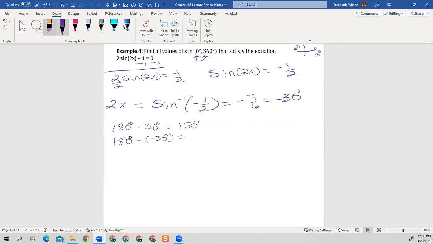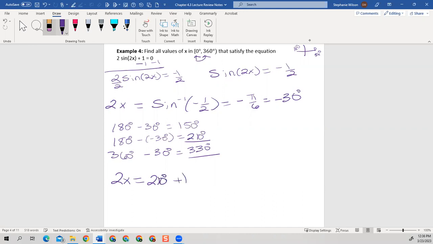Well, that's going to give me 210 degrees. If I said 360 degrees minus that 30 degrees, that's going to give me 330 degrees. I'm not going to add it because I don't want to go over 360. So I know I got values of 210 and 330 that we're going to work with, okay? And since the sine value is negative, we are going to use 2x is equal to my degrees, which will start with 210.